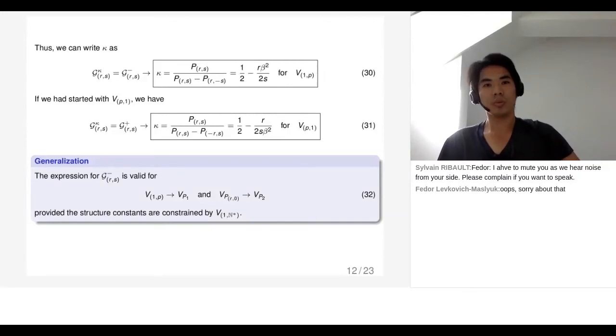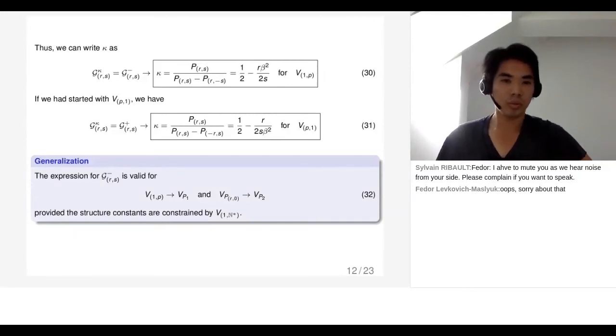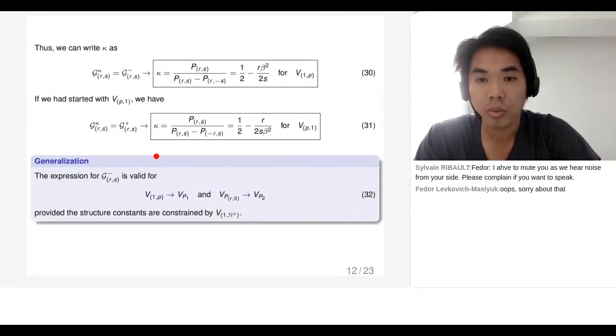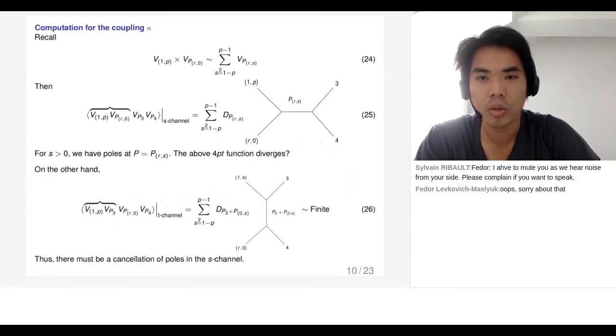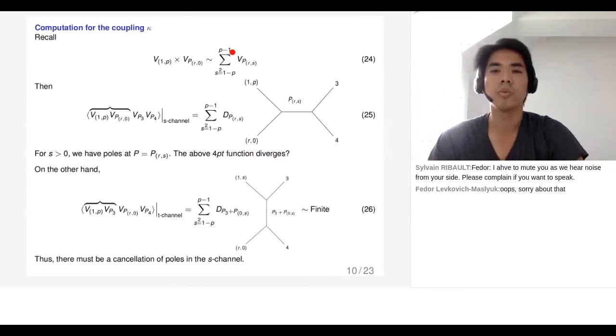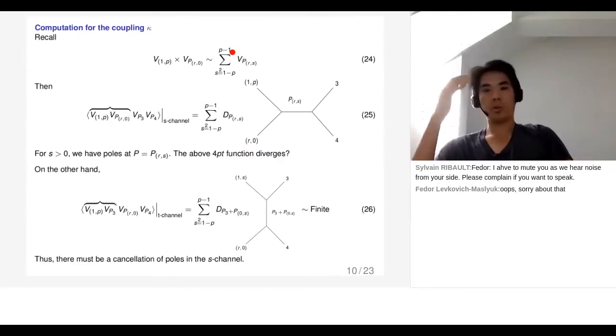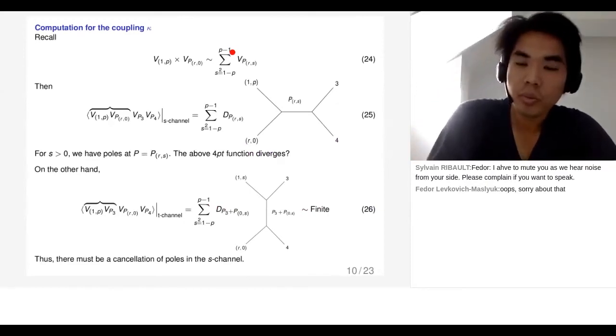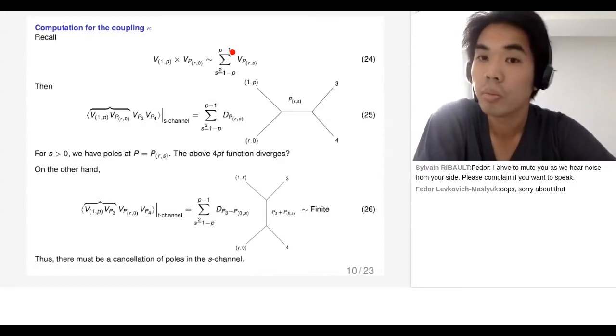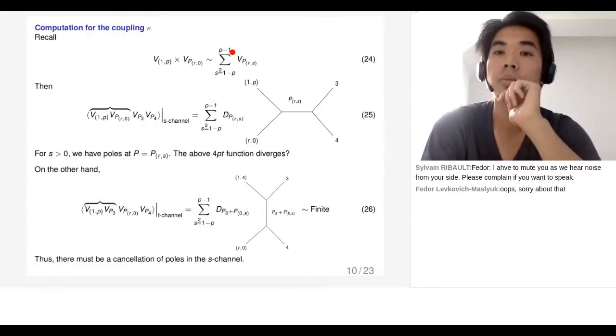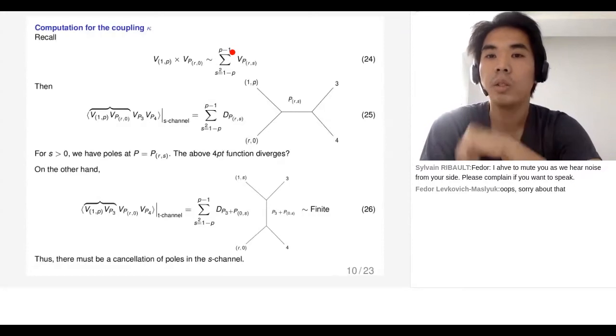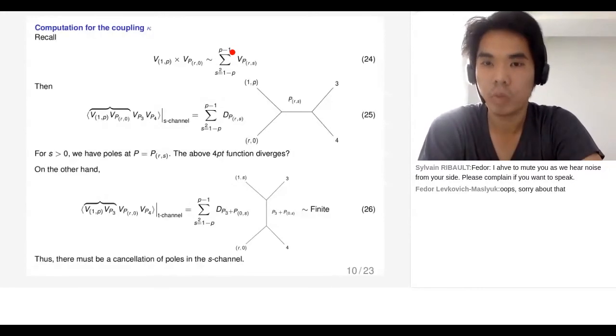No, I mean, can we go to the page, like two pages up, where you consider the finite OPE? Yes. You mean here. Yeah, this equation 24. This equation 24 assumes that the field 1p has a vanishing null descendant. How do you know it's going to be the case?